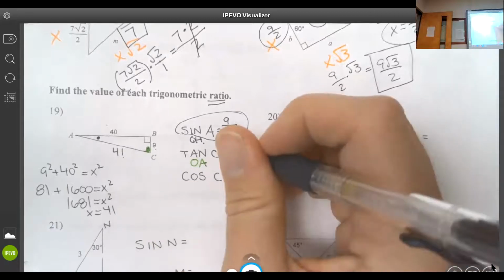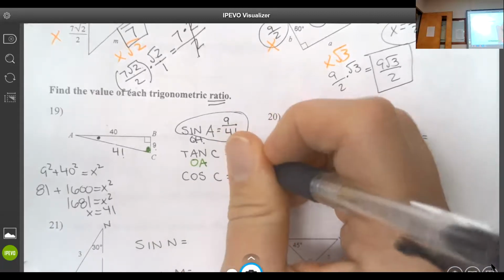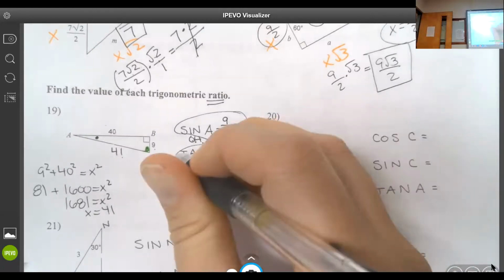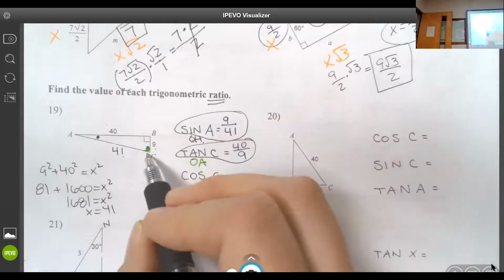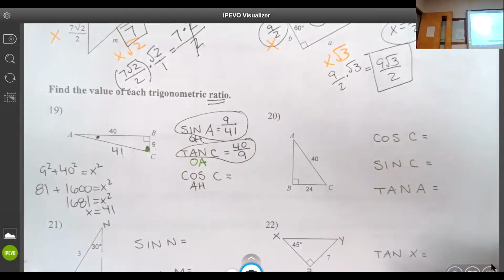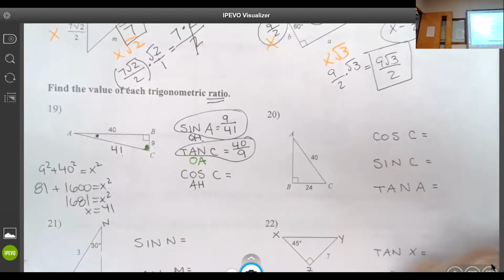So tangent of C would be 40 over 9. Can I reduce 40 over 9 at all? 40 is not going to be divisible by 3 or 9, so no. And then same idea here, I'm still going from C, so cosine, which is adjacent over hypotenuse, would be what over what? For angle C.